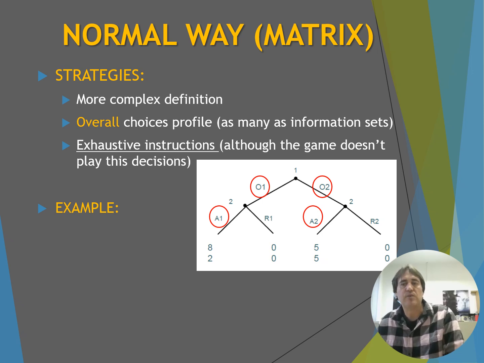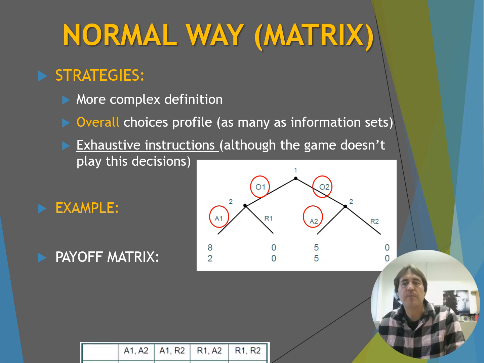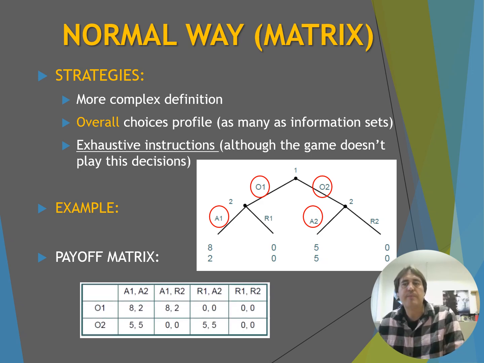Once the strategies of the players are shown, and as long as the number of strategies is finite, we can show the matrix or normal form of a dynamic two-player game using also a payoff matrix. Note that each player must have as many rows or columns in this matrix as they have strategies.